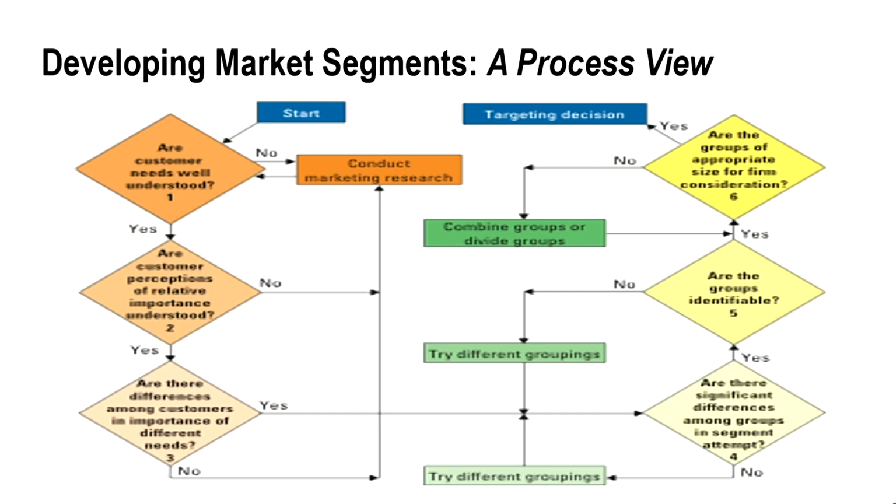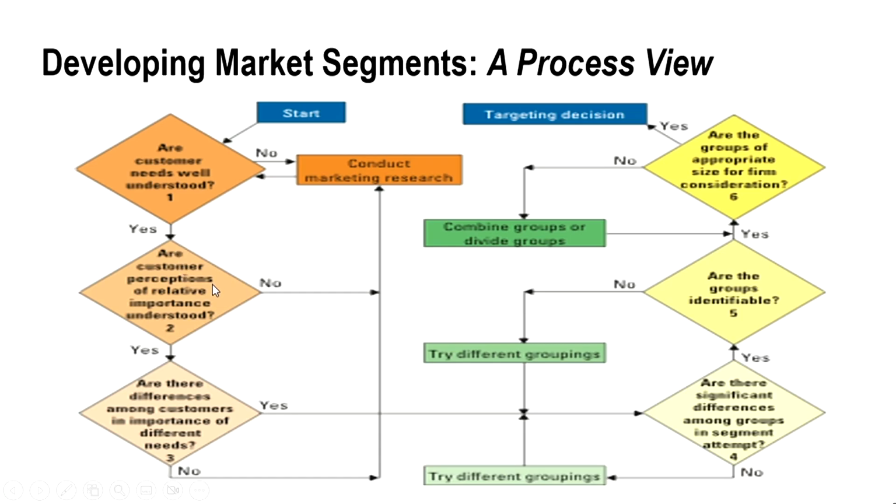We start with: are our customers' needs well understood? If the answer is no, then we go back to market research and market investigation. If yes, then we go to the next stage.